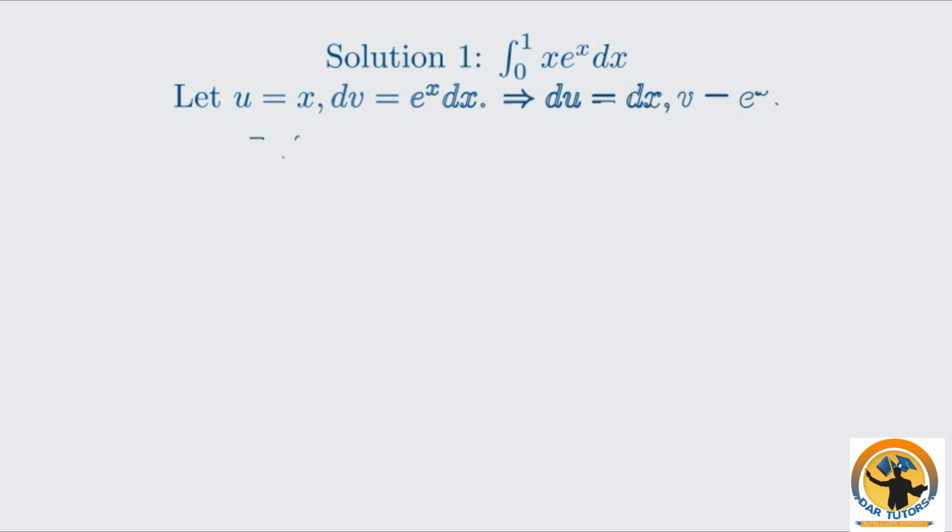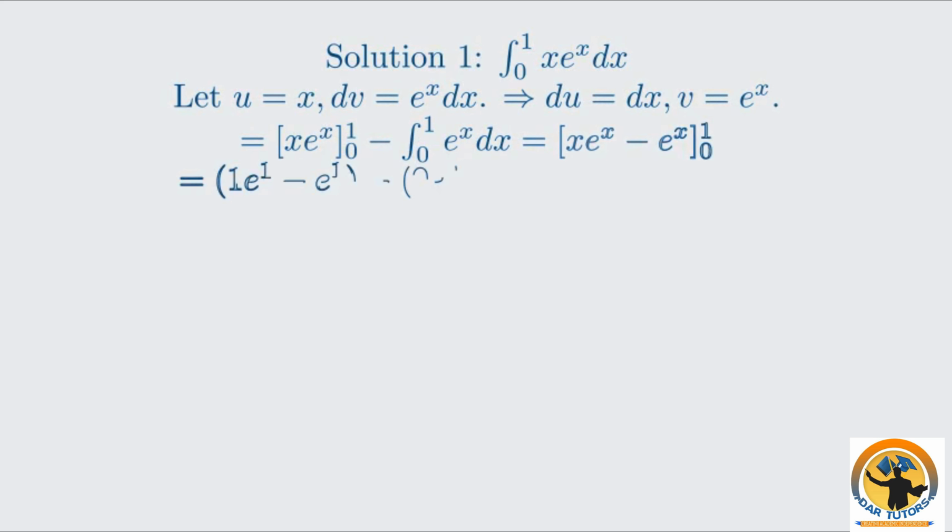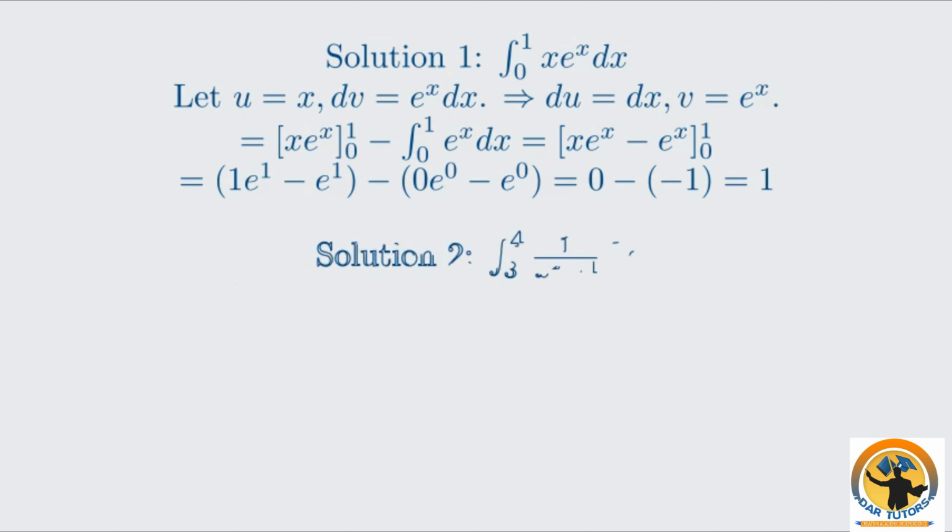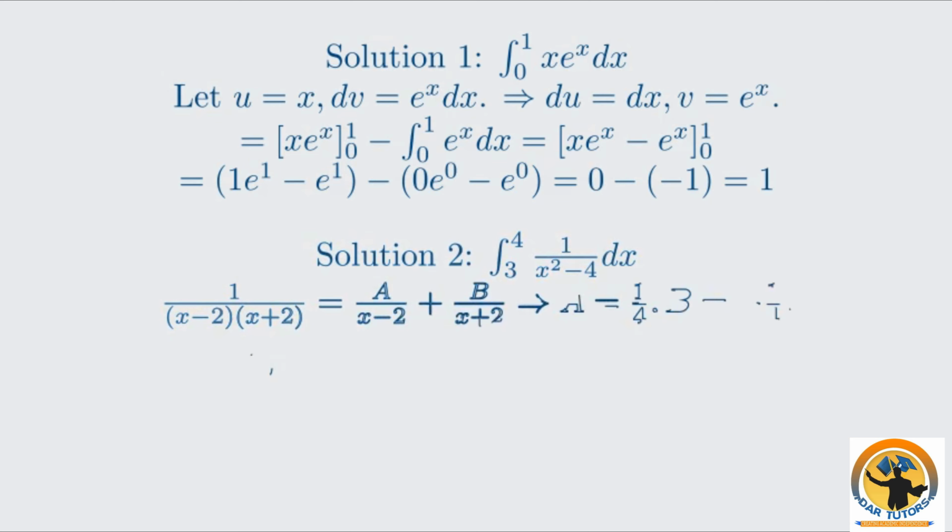For question 1, using integration by parts with u equals x and dv equals e to the x dx, we get the antiderivative x e to the x minus e to the x. Evaluating from 0 to 1 gives 1. For question 2, we decompose 1 over x squared minus 4 into 1/4 over x minus 2 minus 1/4 over x plus 2.